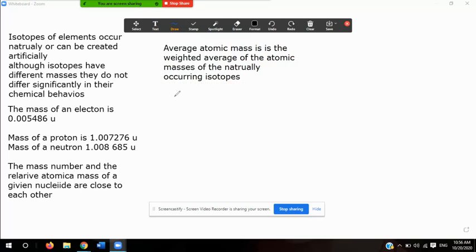Basically it's the percentage of the isotope multiplied by the mass, of course, in grams, or unified atomic mass, plus the percentage of the second isotope multiplied by the mass.